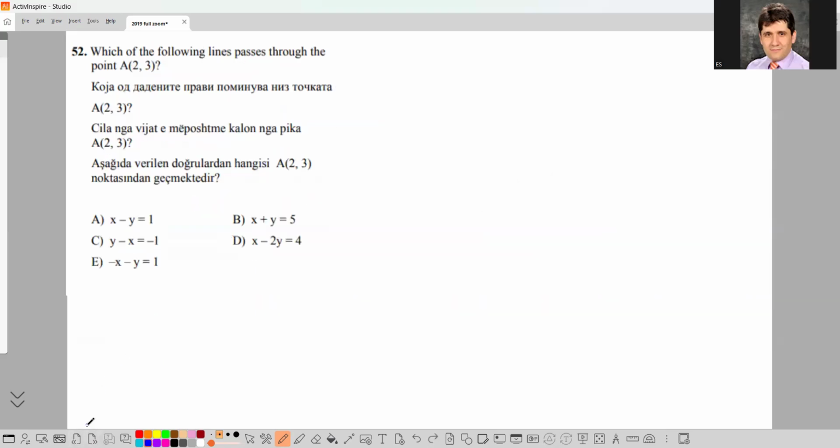Which of the following lines passes through the point A with coordinates 2 and 3? Well, we can use the formula, but actually it's easier to just test. So x is 2, y is 3, so 2 minus 3 should be 1. Negative 1 is 1.